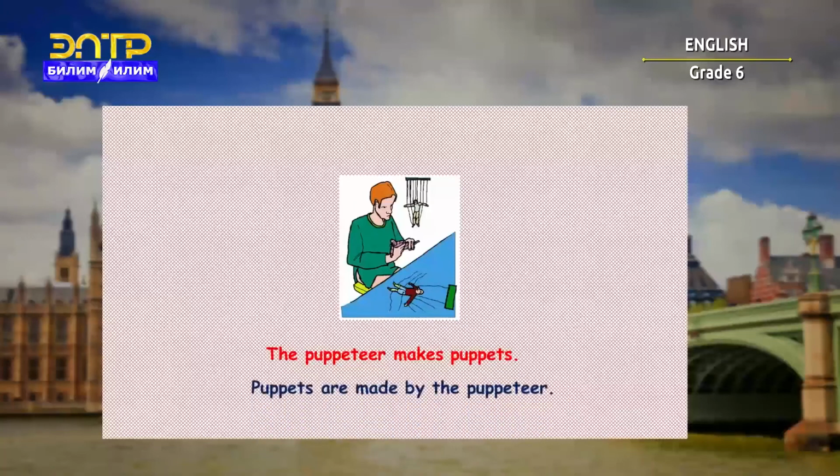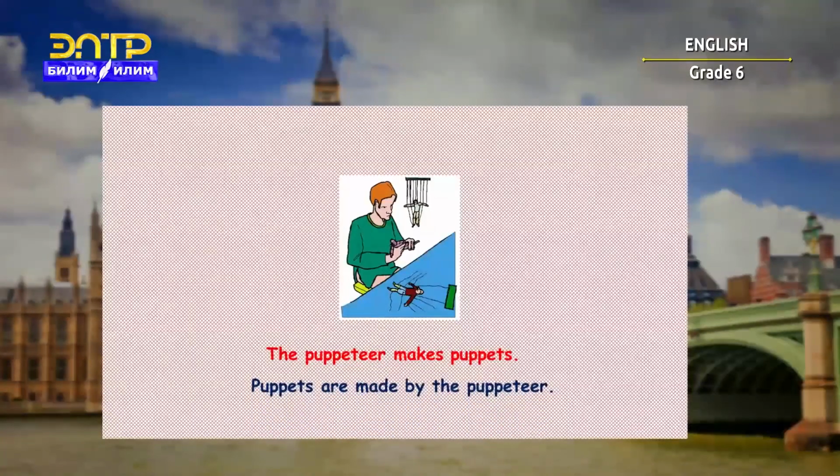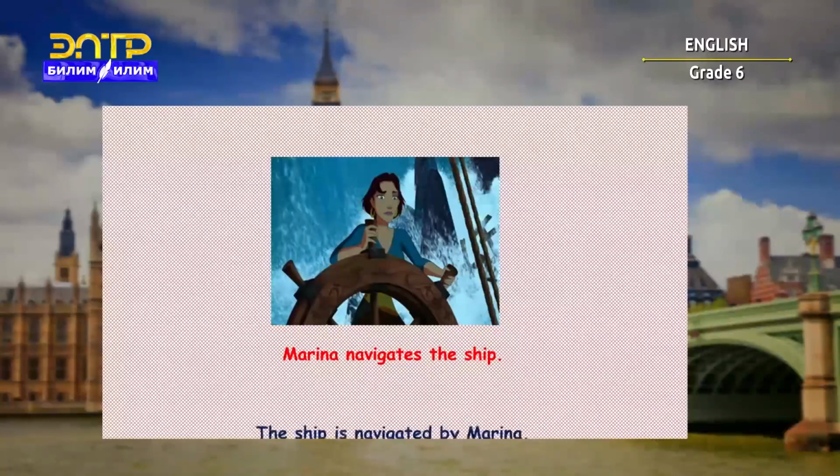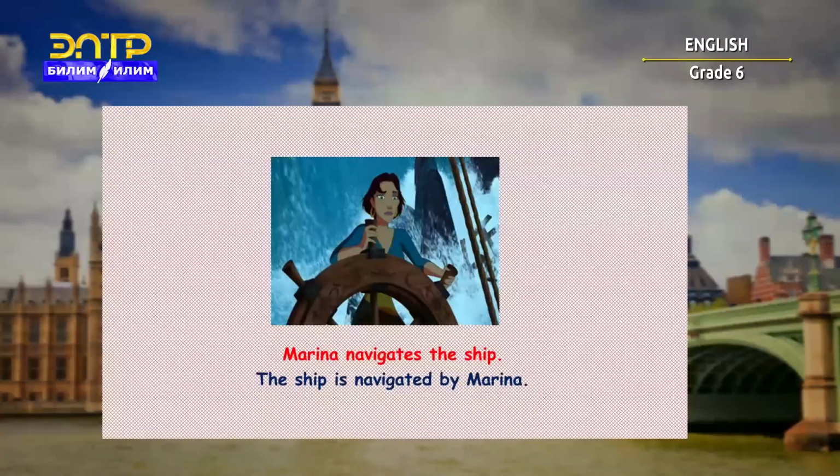And the passive form will be: puppets are made by the puppeteer. Marina navigates the ship. And its passive form will be: the ship is navigated by Marina.